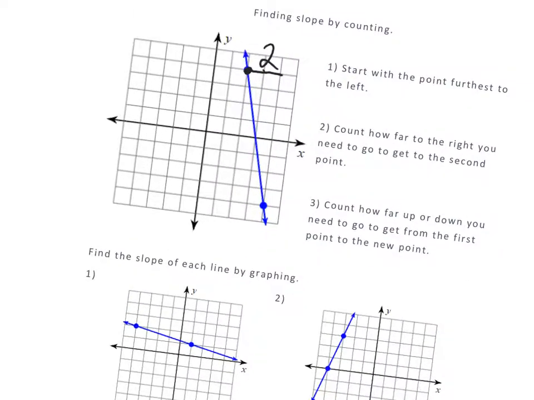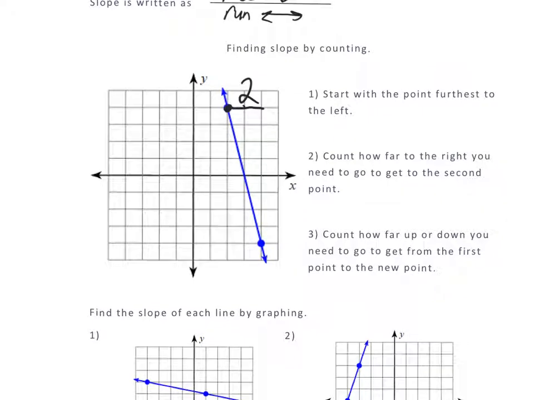And then how far down did I need to go? So counting 1, 2, 3, 4, 5, 6, 7, 8. So 8 down. So that means I'm going to write it like this. I have -8 over 2.